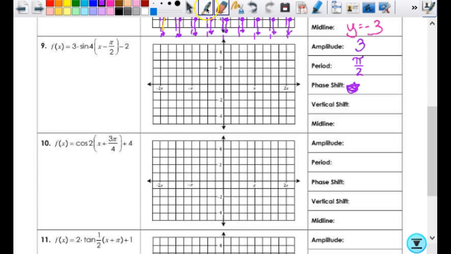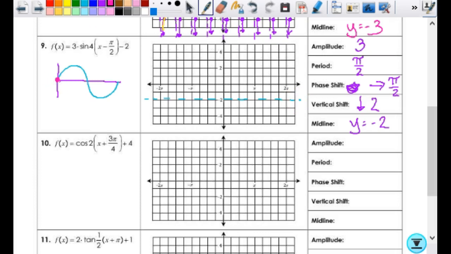All right, well, whatever, it doesn't want me to erase. I can't erase that, so right pi halves. Vertical, I'm going down 2, so y equals -2. All right, so this is sine. Looks like this. And my midline is at -2.